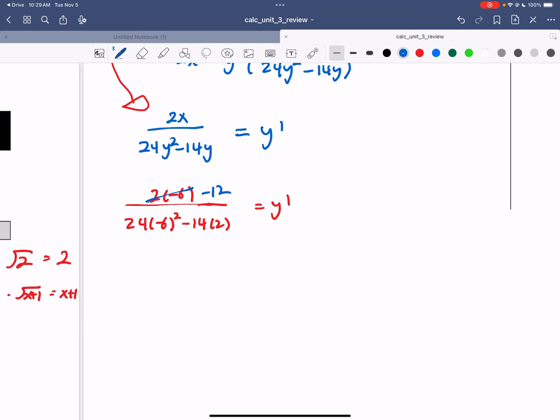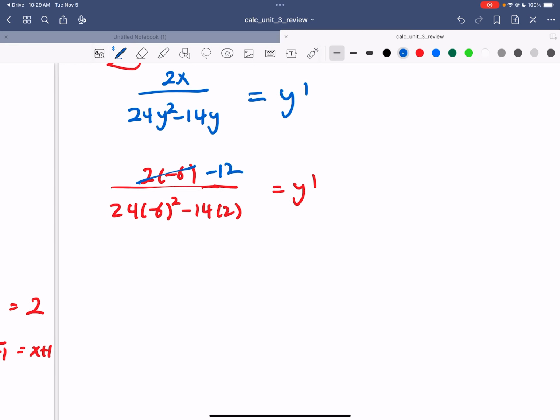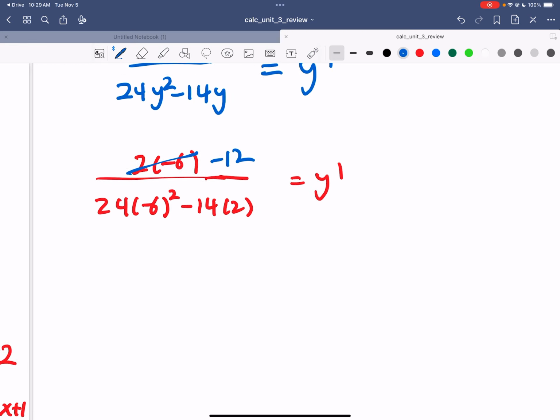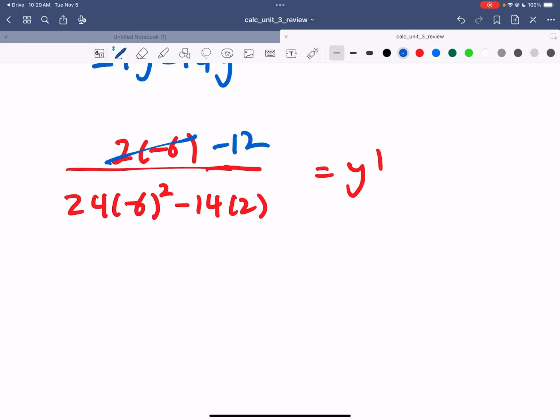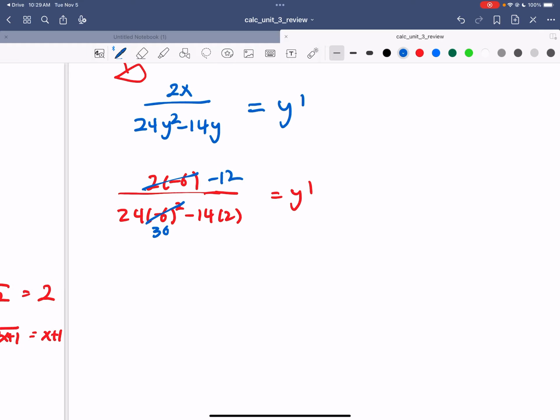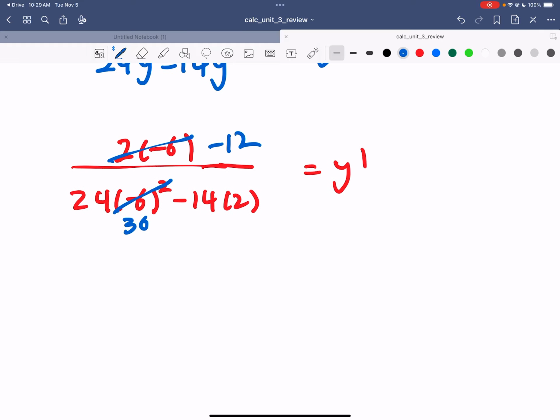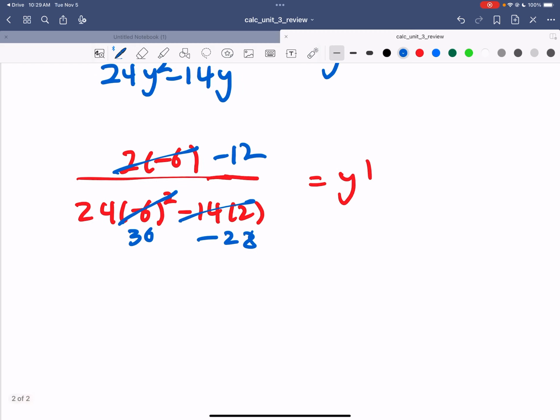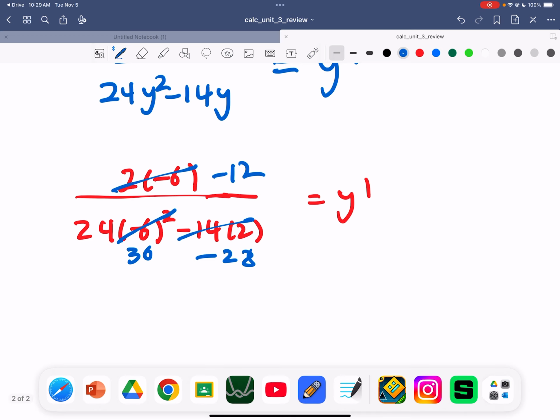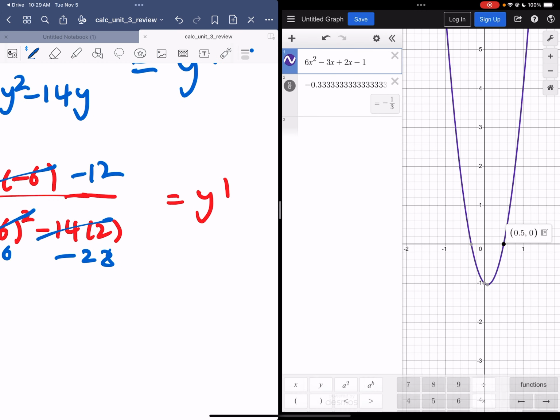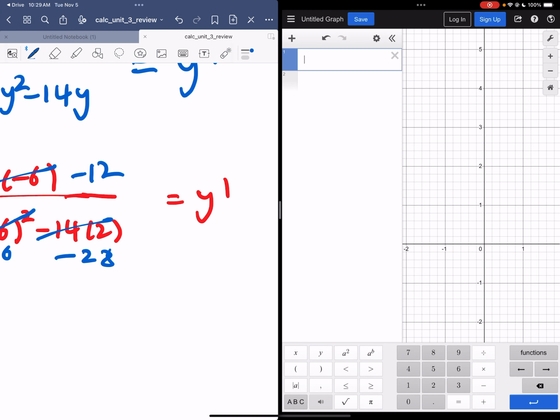Wow, really? It's going to be a lot of calculation. Okay, let's do it. -6 squared is going to be positive 36. And -14 times 2 is -28. 24 times 36. I don't know. 24 times 36.